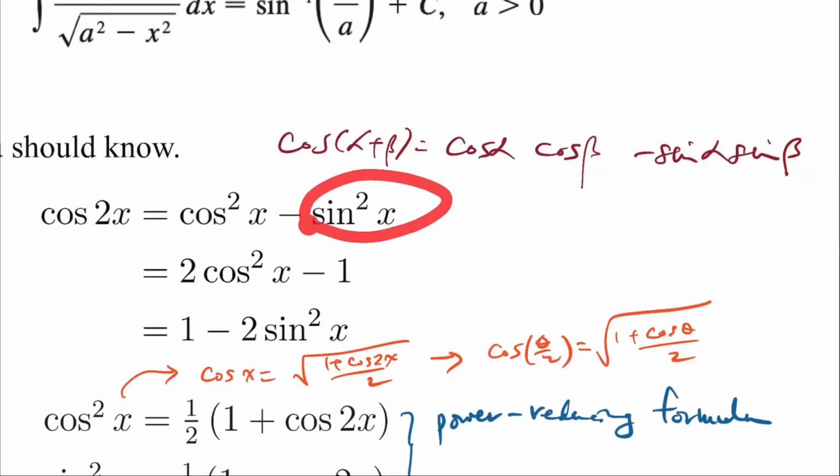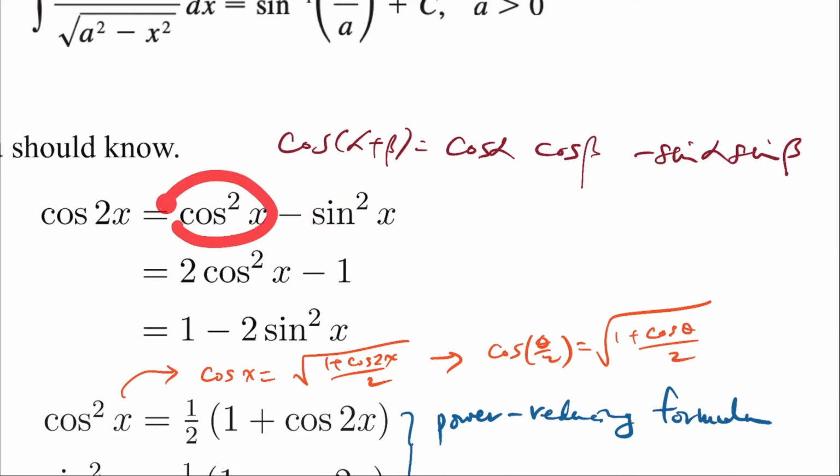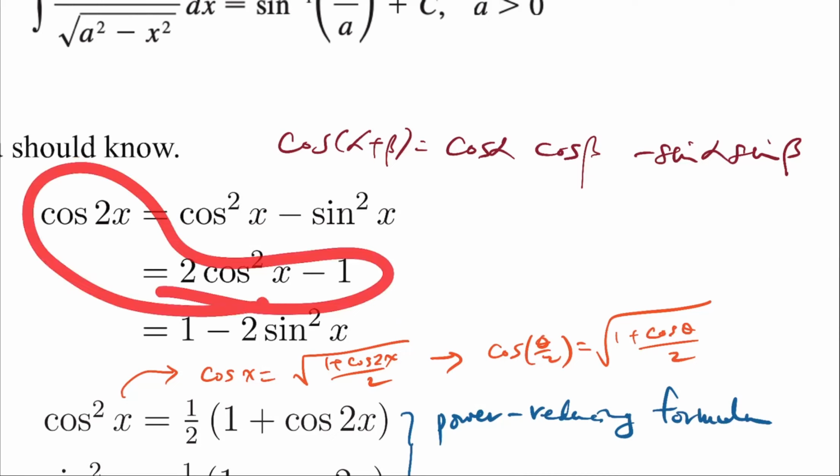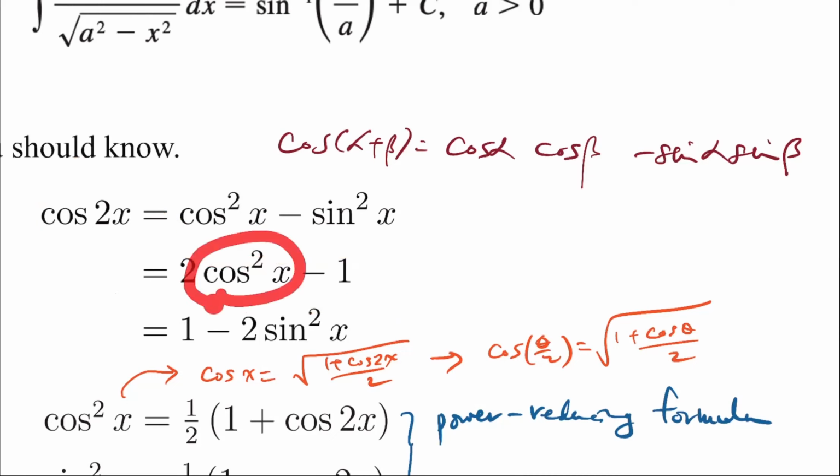If I replace this with its Pythagoras equivalence, which is what? 1 minus cosine squared, it becomes this. If I replace this with 1 minus sine squared, it becomes this. So now we have this relationship. Let's solve for cosine of 2x. Sorry, cosine squared x. And then square root both sides. That's what I get. Wait a minute.